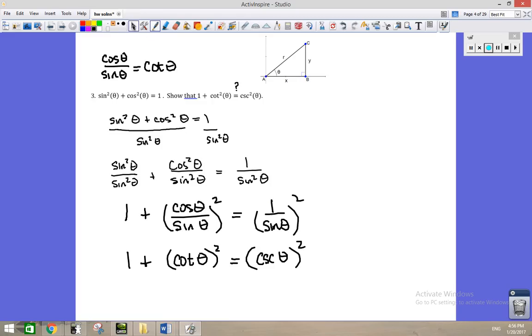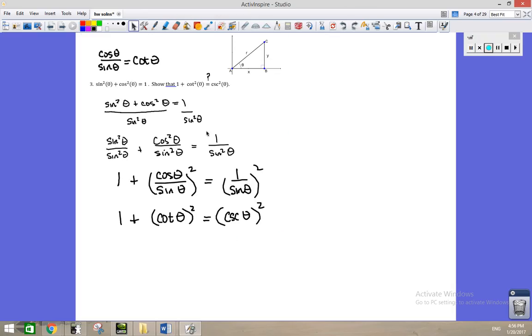And we've already seen the notation of when we square these trig functions and how we write it, so we write this as 1 plus the cotangent squared of theta is equal to the cosecant squared of theta, which is what we were trying to show. Now in our proof here, we have to validate that we've already proven this Pythagorean identity and this quotient identity.